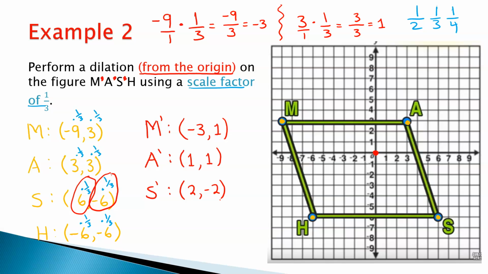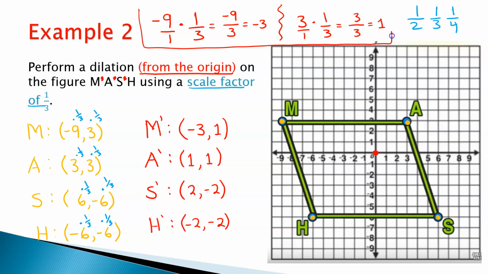And then we've got the last one here for H prime. -6 divided by 3, or just -6 times 1/3, is going to give us -2. And same thing for that y, -2, -2. If you need to do that little side work, if you need to multiply and show this work, you're more than welcome to, guys. It's just going to take you 30 seconds longer, really. So again, don't let that stop you from completing these problems.